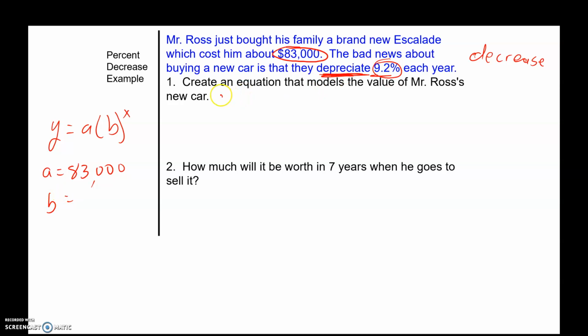So since it's a loss, to get the multiplier, we do (100 minus 9.2) divided by 100. So that will end up giving us 90.8 over 100, or 0.908 once you type that into the calculator. That's the B.